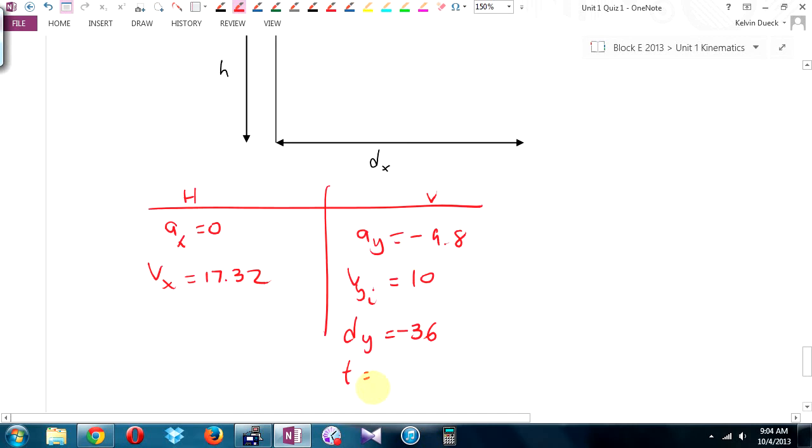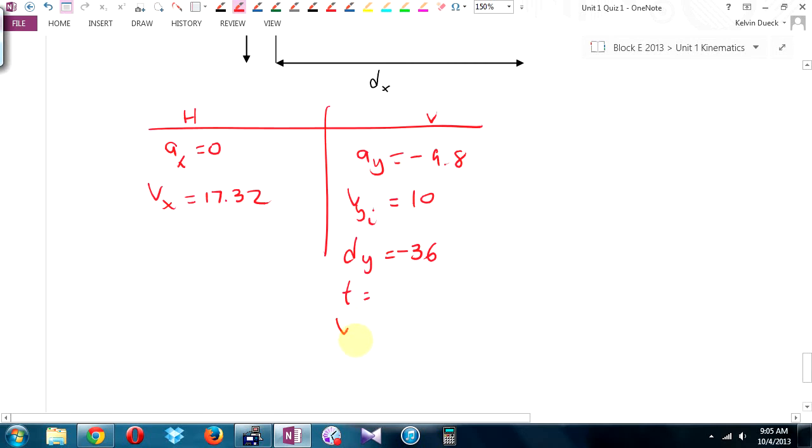Who used the quadratic formula from here? Who found V final and then found time? So I'm going to do that method. Those who did the quadratic formula, good, but since most of you went with the other one. So I'm going to say to myself, self, I'm going to find Vy final, and then I'll use that to find time. To find Vy final, I think I can go like this.